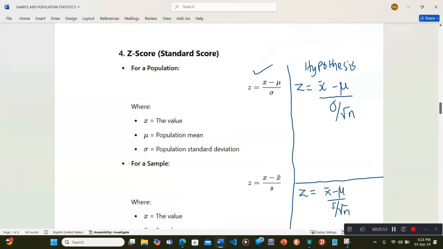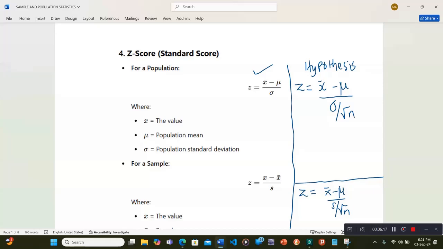Now, what if we are testing a hypothesis? If we are testing a hypothesis, your z-score is going to be x bar, which is the mean, minus the hypothesized mean. Because here we could be testing a hypothesis about the mean of the population.